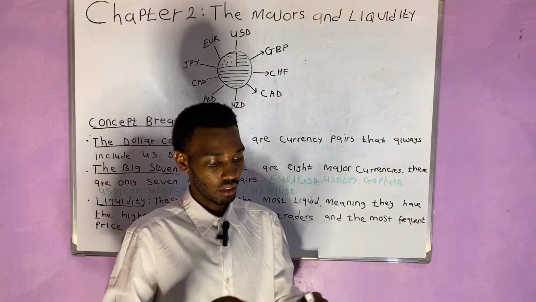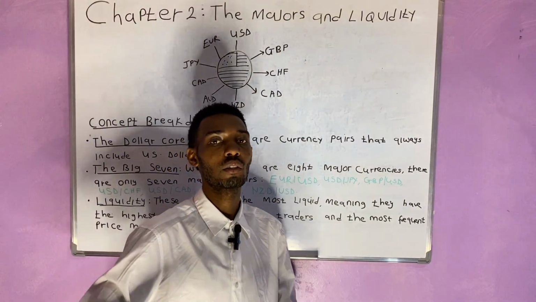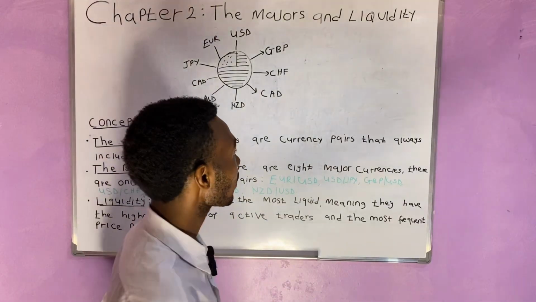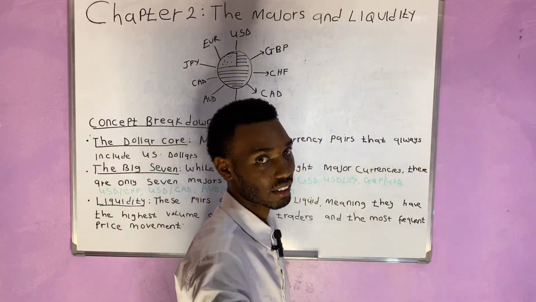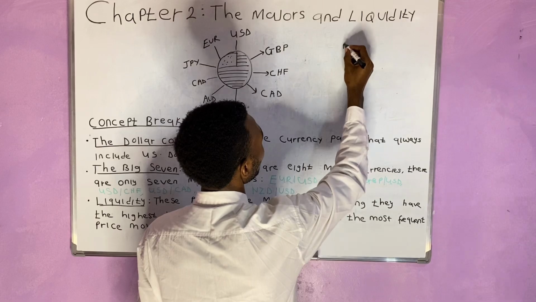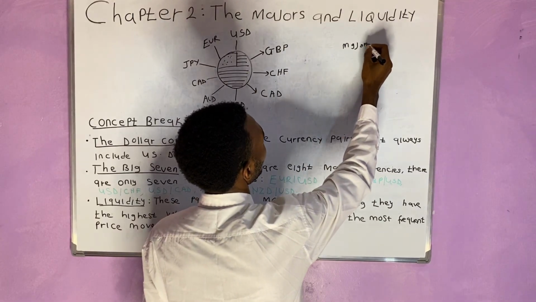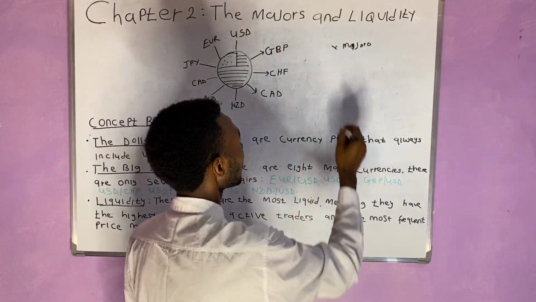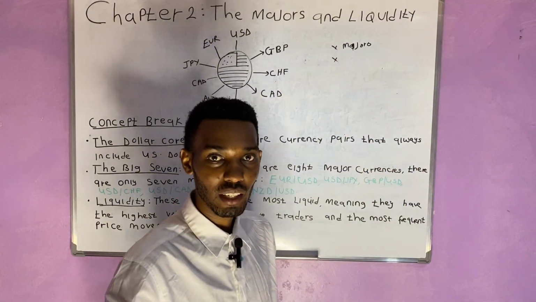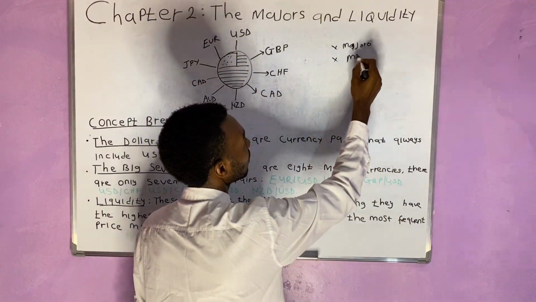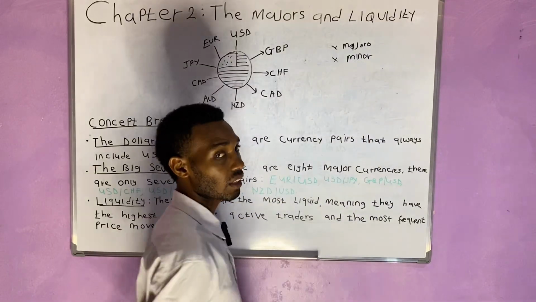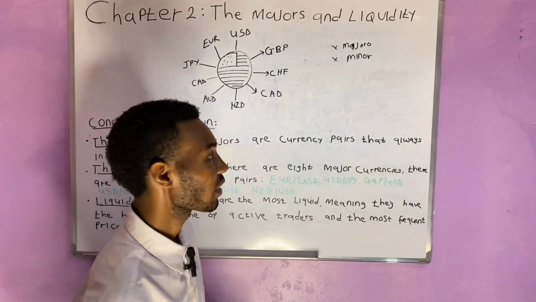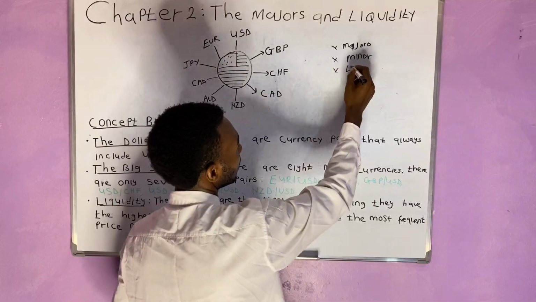The first category is the major currencies. The second one, we have the minor currencies, and the third one is the exotics.